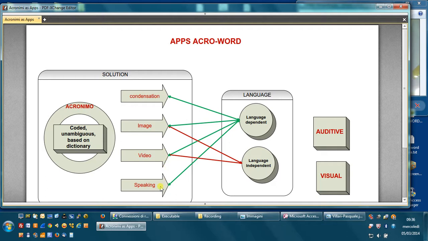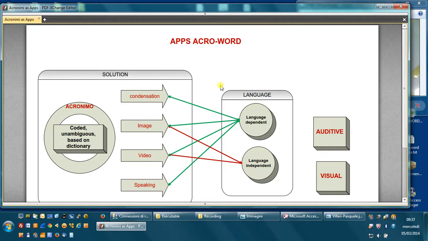And at the end, we have the possibility to link speaking to the acronym. This means the acronym, which is the representation of a phrase or word, can also be spoken. In that case the speaking, we know, is language dependent.